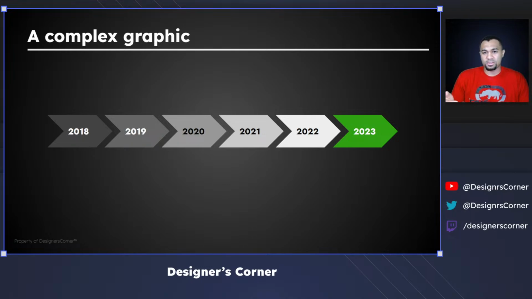By clicking into a shape, we're able to add some text into it, and then with that text, we can give it a label: 2018, 2019, 2020. So now you get the idea of how it's progressing from left to right, to allow the person reading your presentation to understand that we're progressing in a timeline, in years.